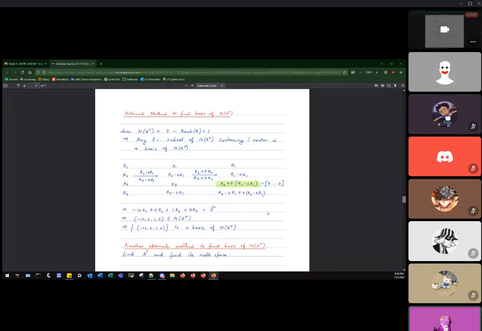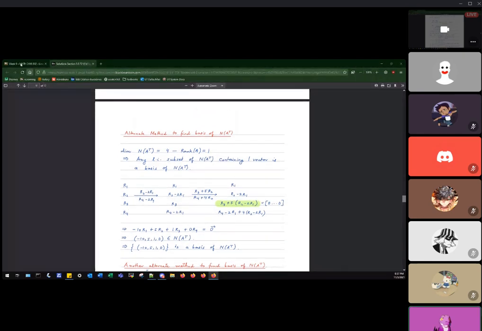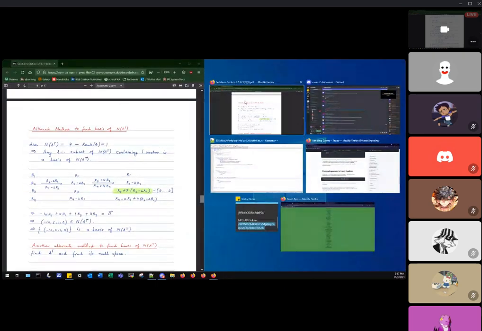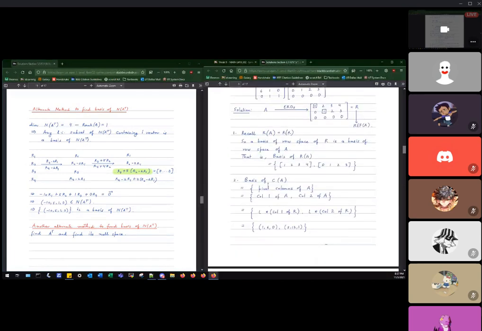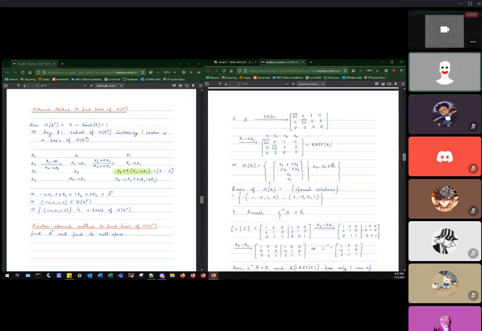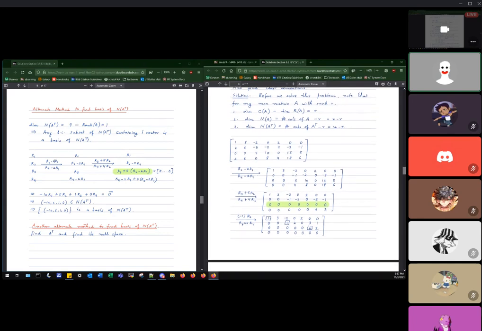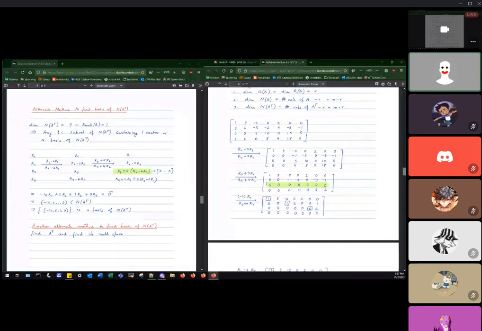What are the EROs that they're doing in this section? Is this just the EROs to find REF? Let's see. R2 minus 2R1, R4 minus 2R1, R3 plus 5R2. So you go until you find the zero row.